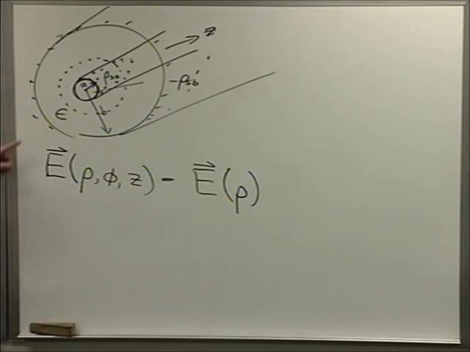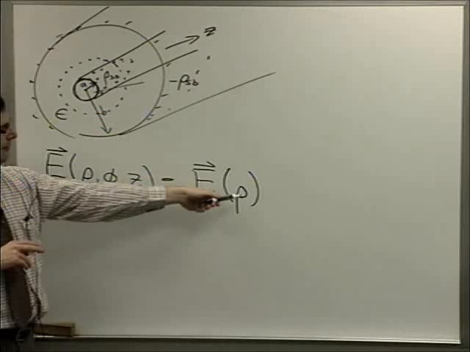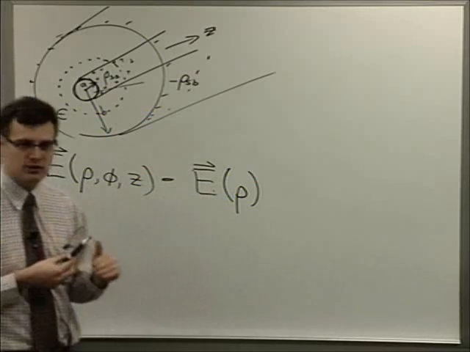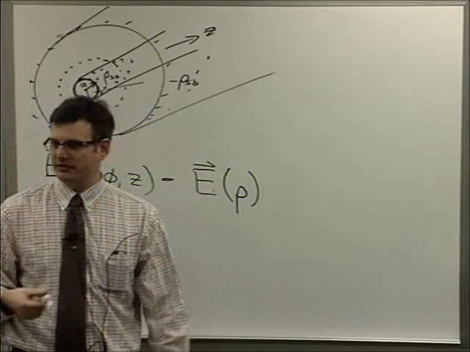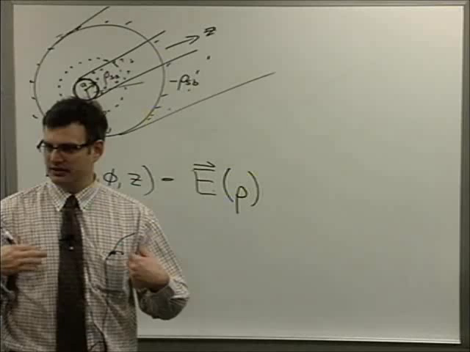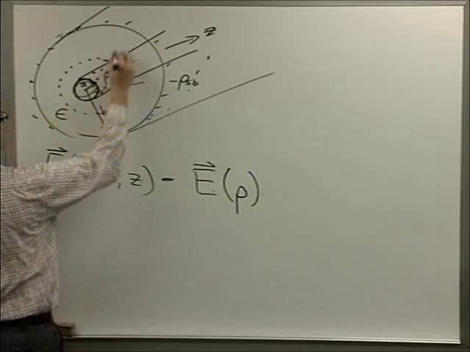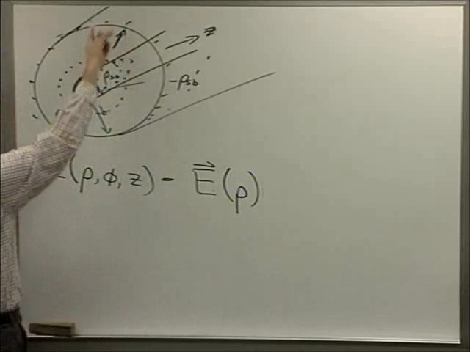Okay. And now, we also can probably tell that that E field component at that position of observation rho is going to point in the rho hat direction. It's not going to point in phi, it's not going to point in z, because that would kind of destroy the symmetry of our problem. The charge is here, so of course, that E field is going to point outward in the rho direction.